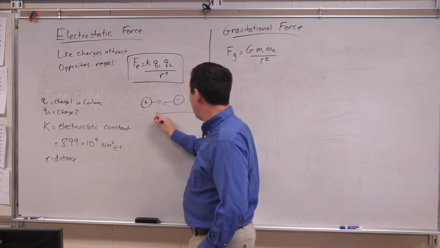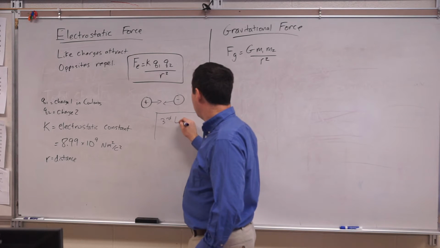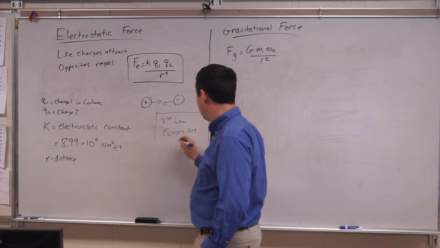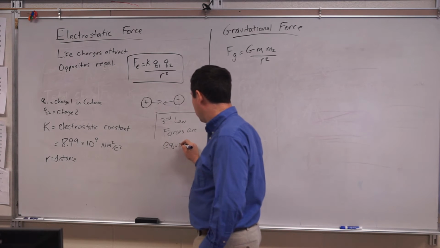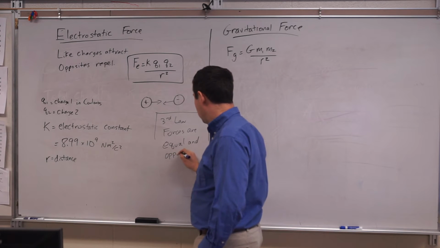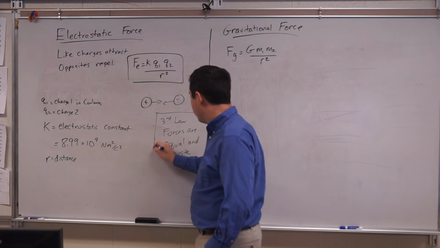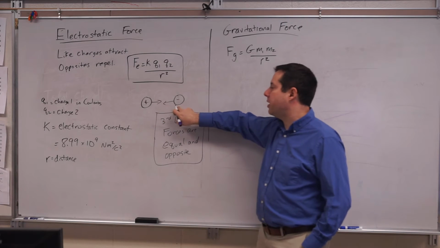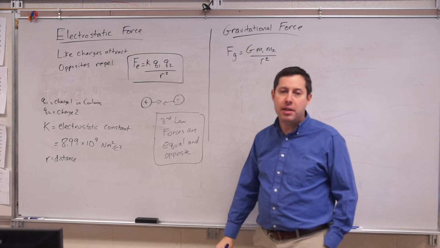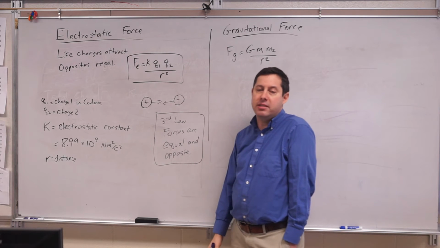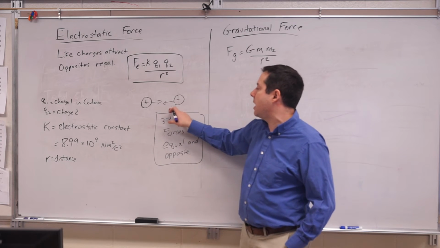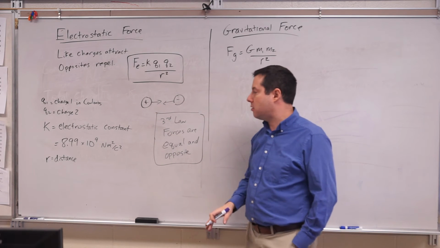The third law says that the forces are equal and opposite. So even if one had a big charge and the other a little charge, they would still have the same amount of force acting on them. Their acceleration might not be the same, depending on their mass, but the amount of force should be exactly the same, regardless of the pluses and minuses.